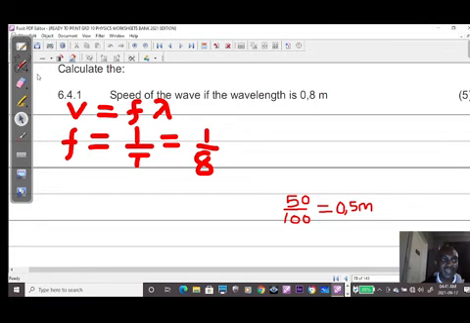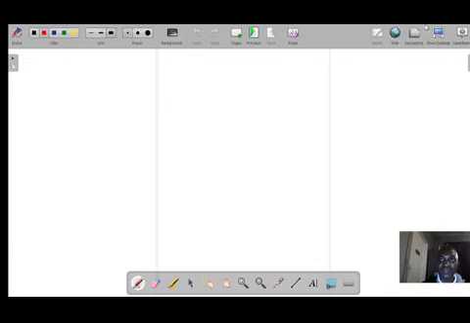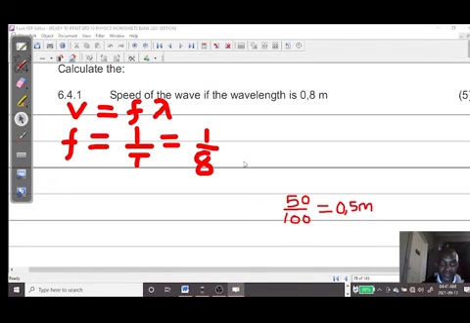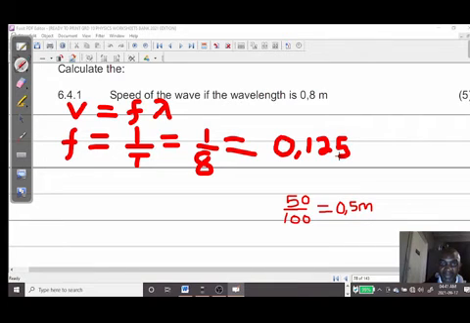Let me proceed with my calculation. We got 0.125 as my frequency, but the question wanted the speed of the wave.